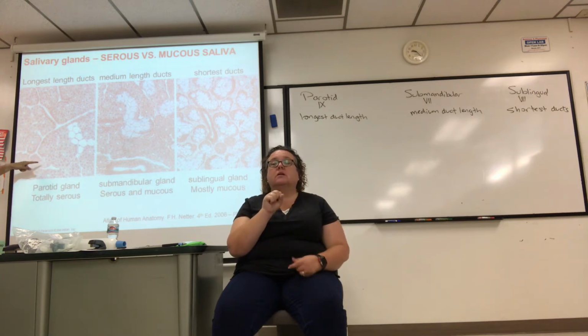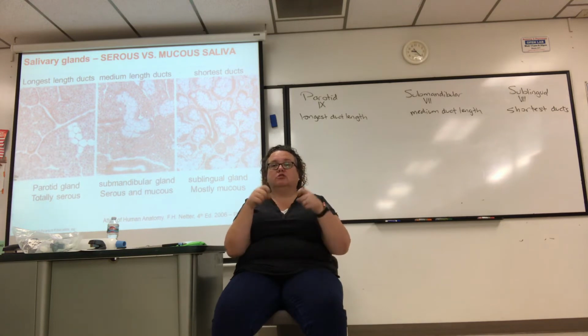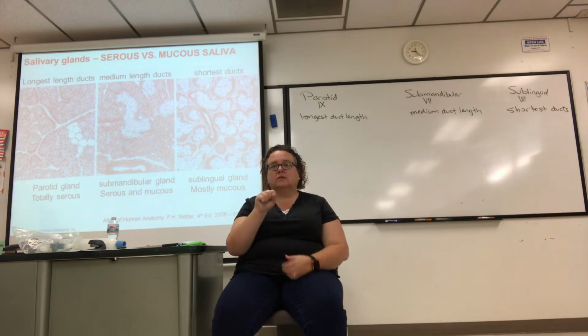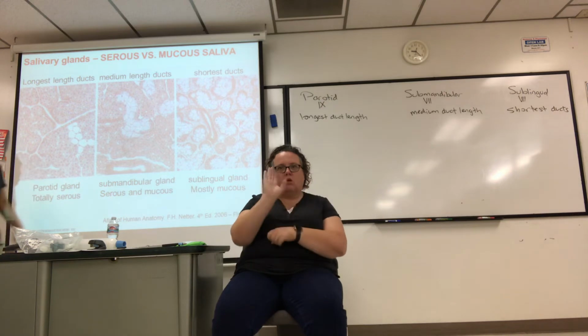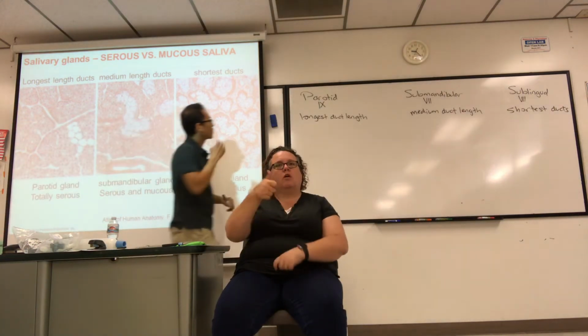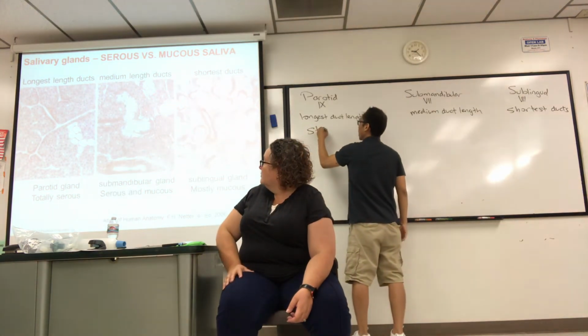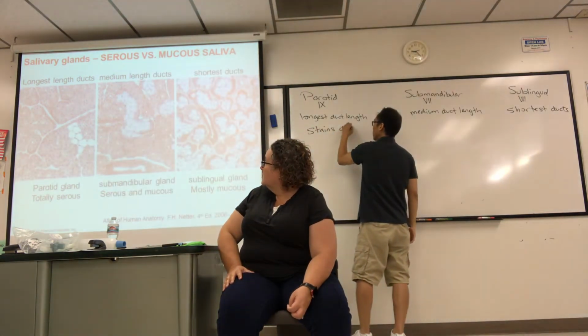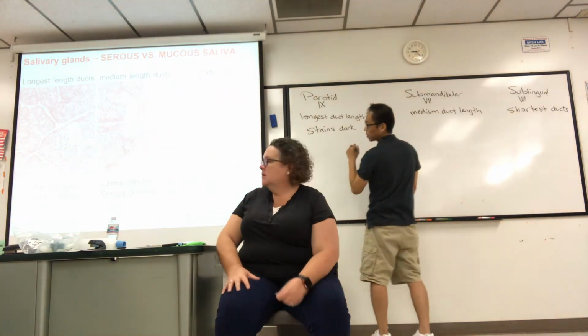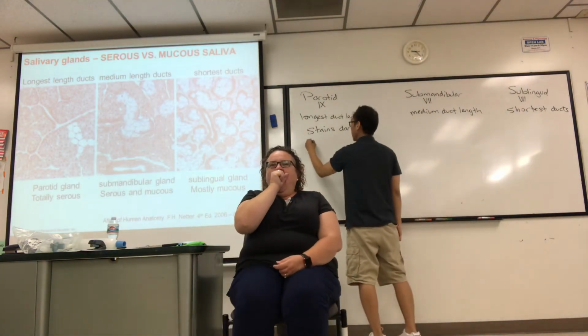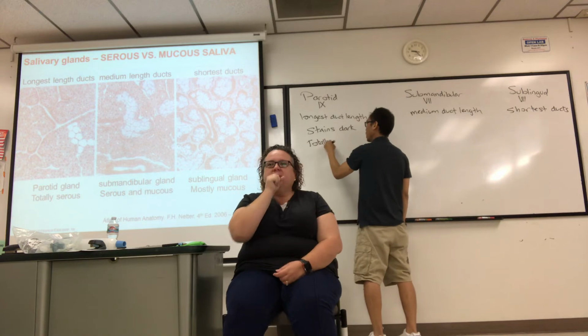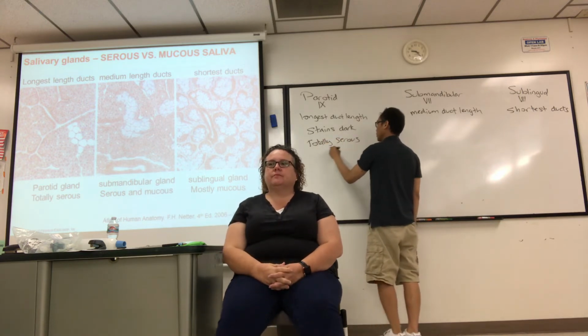If you look at the epithelial cells that secrete the serous saliva, they always stain dark. So serous glands stain dark. The parotid gland is totally serous. It stains mostly dark and has the longest duct length, as those cells are secreting totally serous saliva.